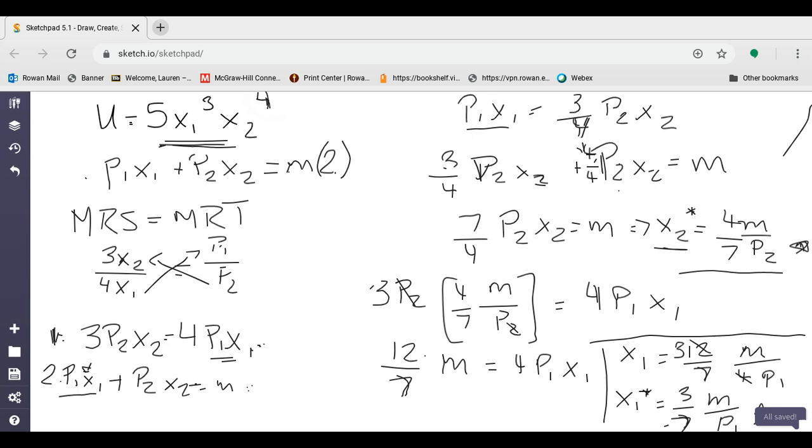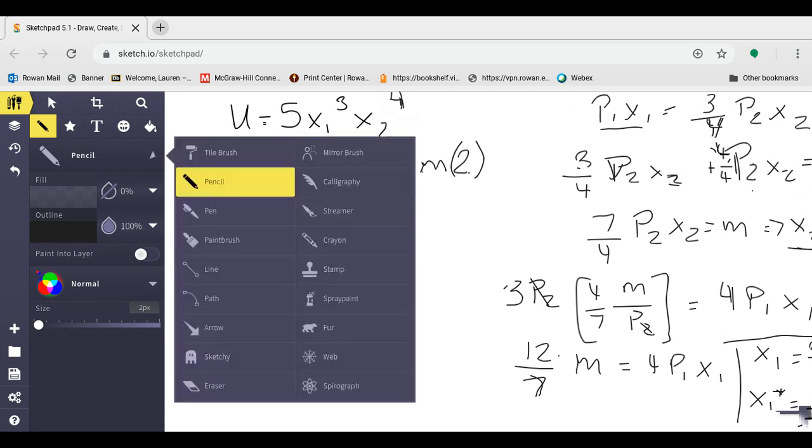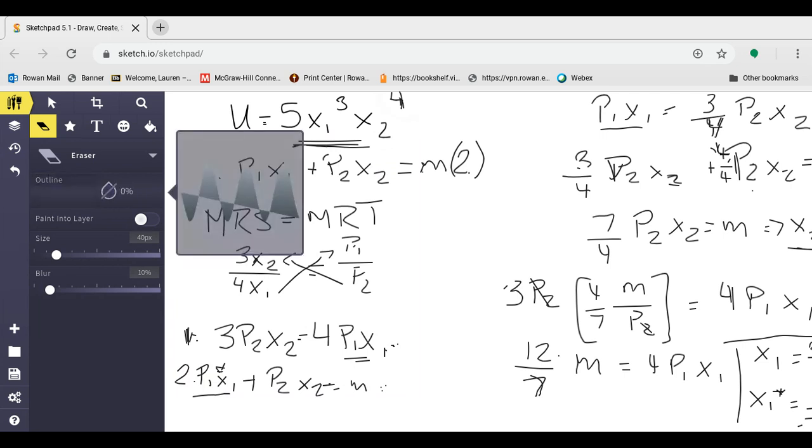All right, now I'm going to maybe erase some of this just so I can talk about some of what we've been going over. Let's see. Eraser. I don't know what color it's going to go to.